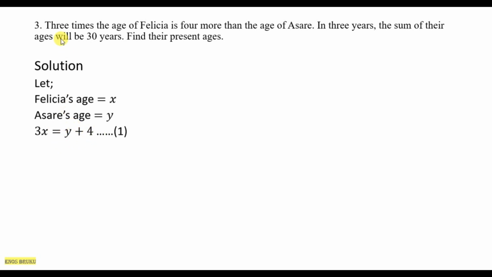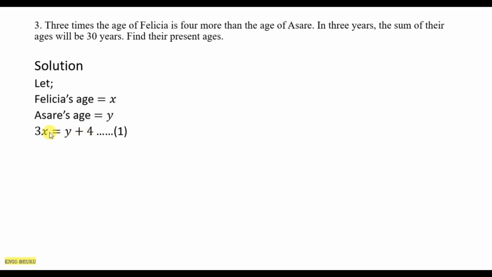because the question is saying 3 times the age of Felicia. If you take 3 times the age of Felicia, which in this case is x, 3 times x, it should be equal to Asare's age plus 4, because at the end of the day, we expect that it should be more than Asare's age by a difference of 4.